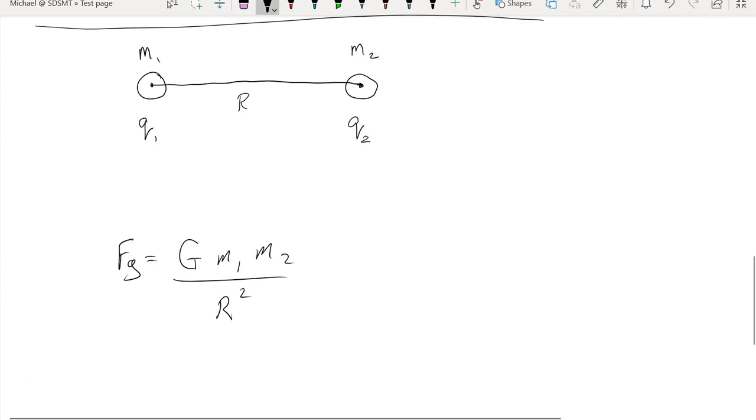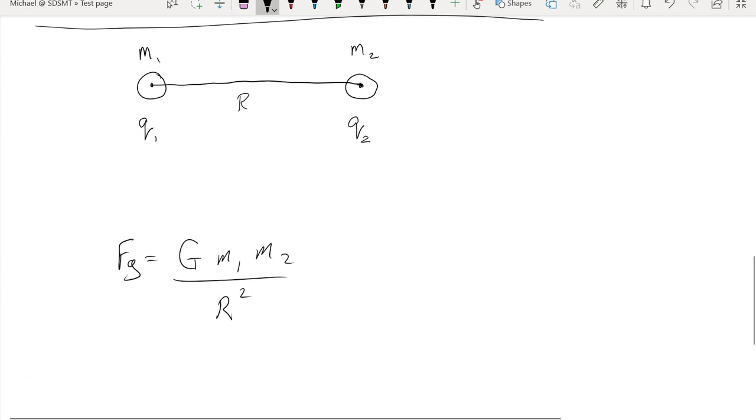The reason that needed to be a center-to-center separation was because when Newton came up with this equation, he was primarily looking at things like moons and planets, things that were in relatively close proximity to each other with respect to their individual radii, and so we had to use the center-to-center separation.